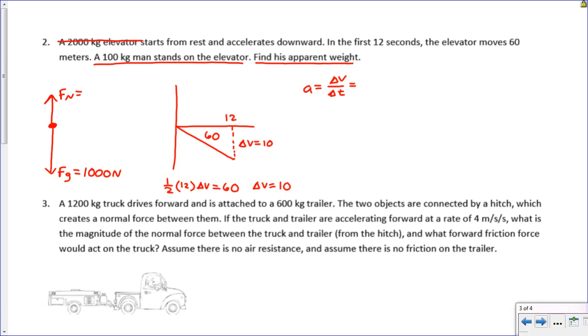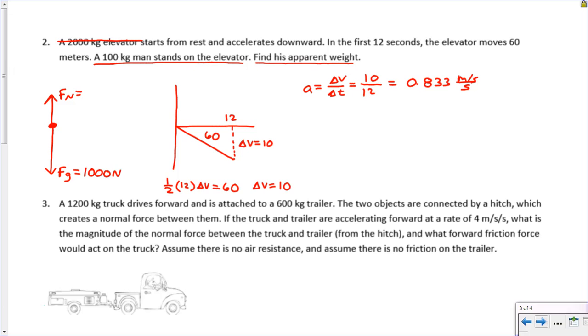Change in velocity is 10. The change in time is 12. 10 over 12 equals 0.833 meters per second squared for our acceleration. So that's our acceleration.